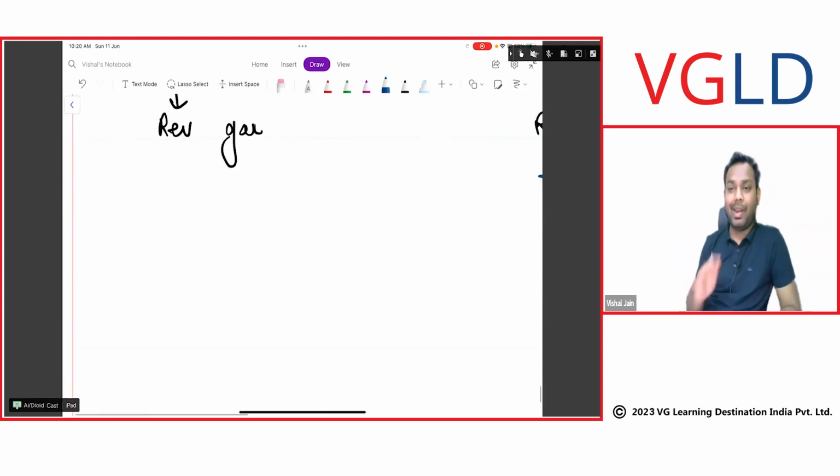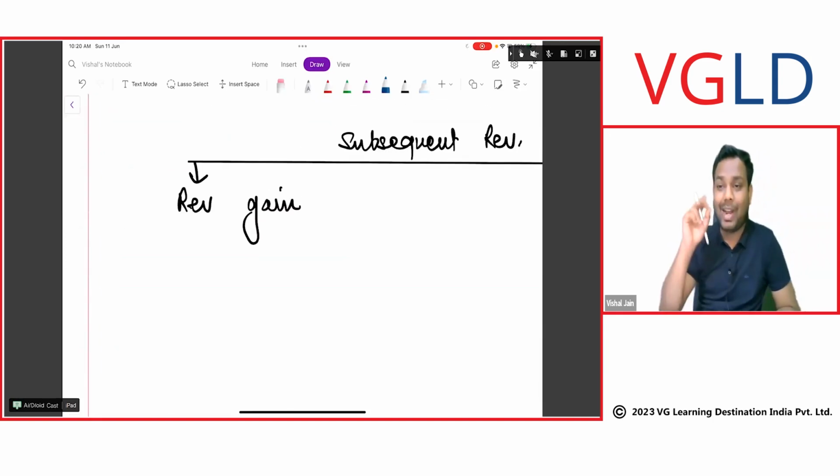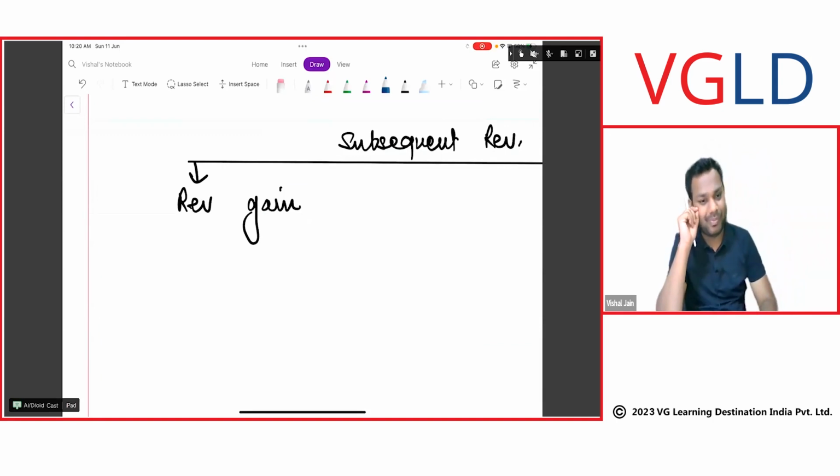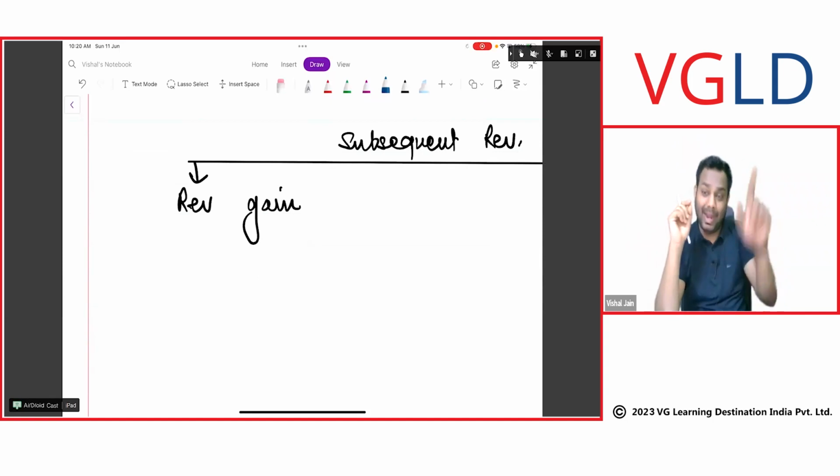But now, the first time when I did revaluation, I got a revaluation loss and I recognized it in P&L. But when subsequently I did revaluation, I got a revaluation gain. So what will I do first? Exactly. First, I will reverse the loss back to P&L.